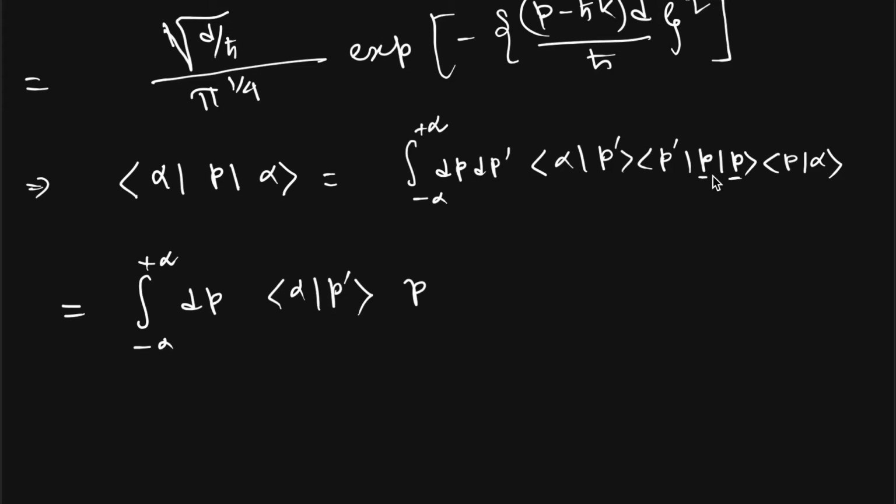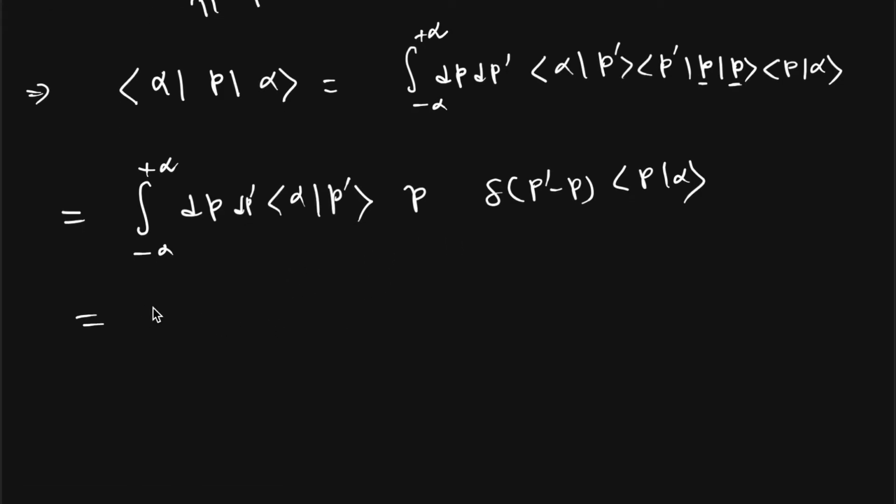Since this is an eigenstate of the momentum operator, that means ⟨p′|p⟩ gives delta p′ p, times ⟨p′|α⟩. Since we integrate it out, the integration is only non-zero when p′ is equal to p, so that means this p and ⟨p|α⟩.